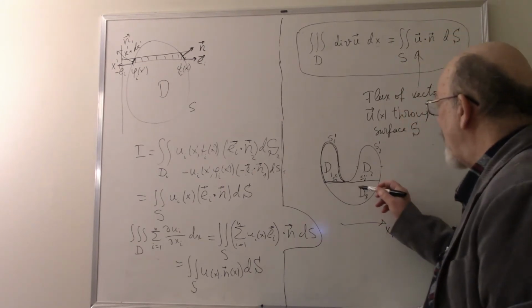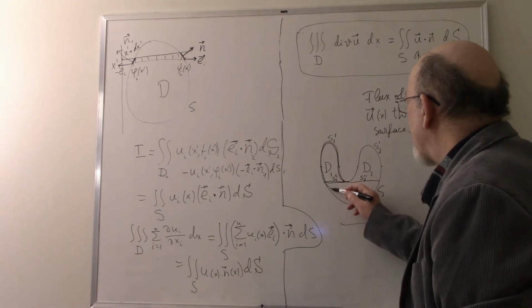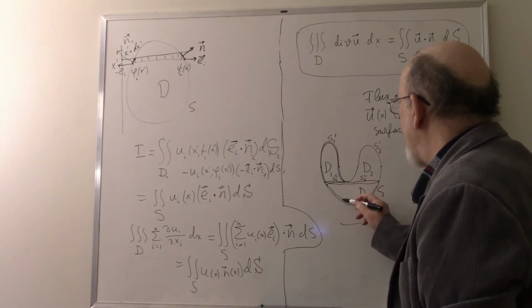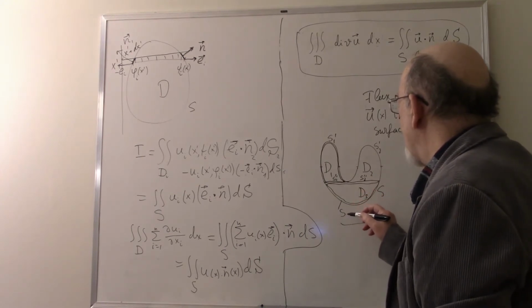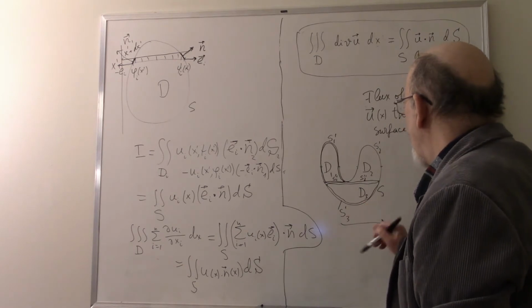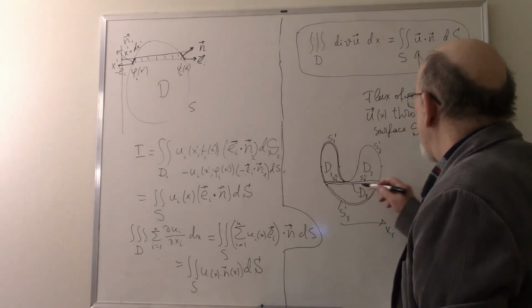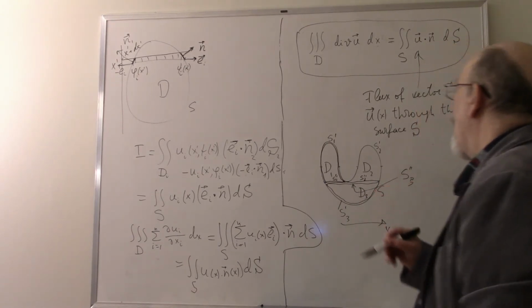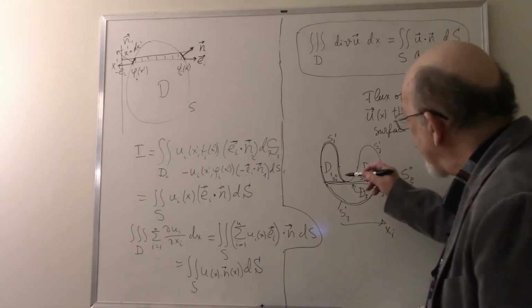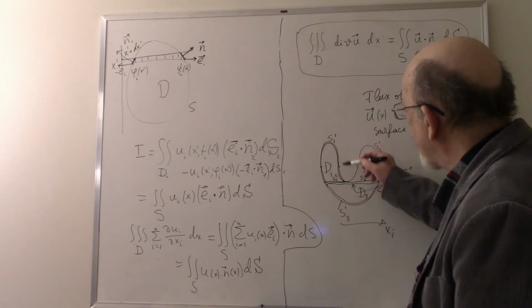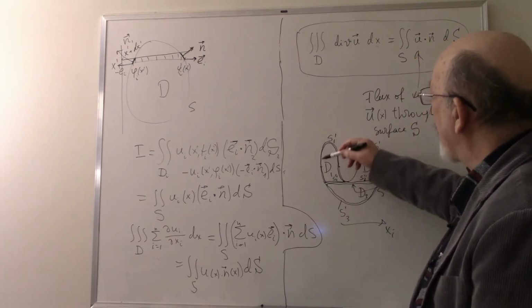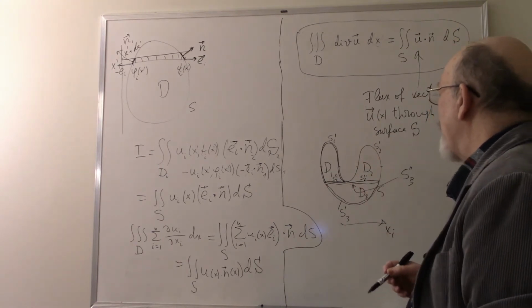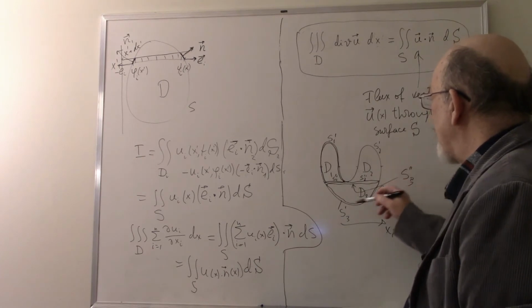And the same for D3: its boundary has the piece S3 prime and the piece S3 double prime. Yes? And you see that the flux through S1 is the sum of the flux through S1 prime and S1 double prime. The same for S2 and S3.